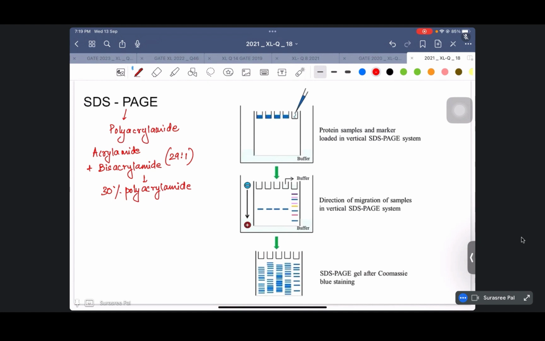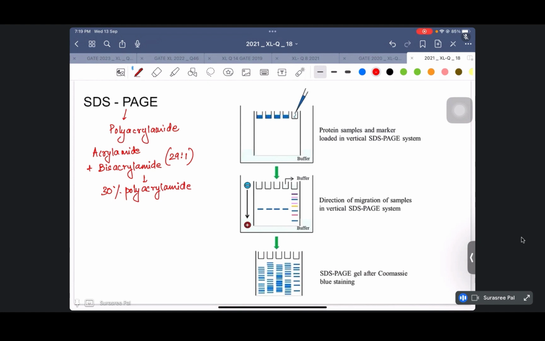Acrylamide itself is a long chain, so it is a polymer. But why do we need bisacrylamide? Acrylamide is a long chain structure, and bisacrylamide is used for linking those chains, so it forms branches in those chains.